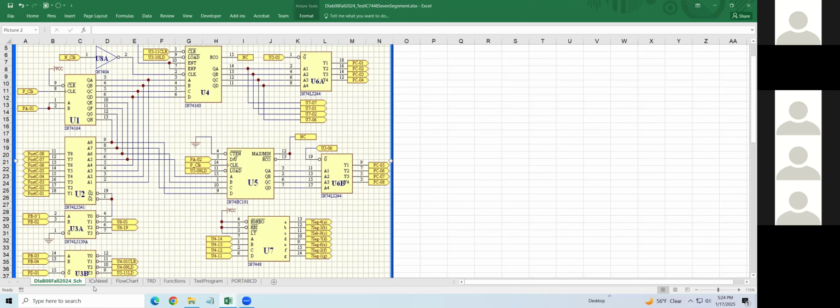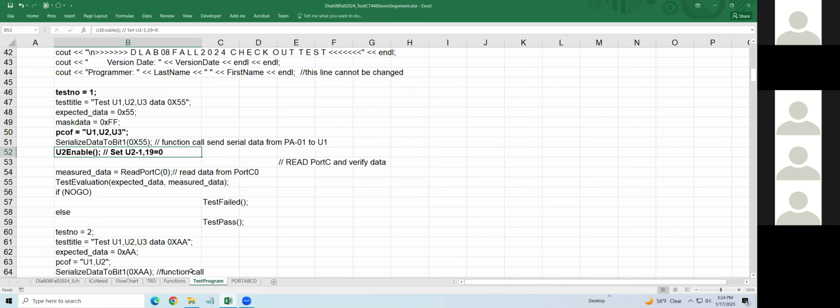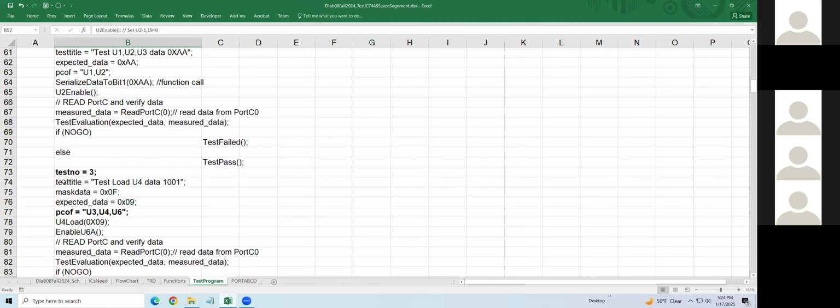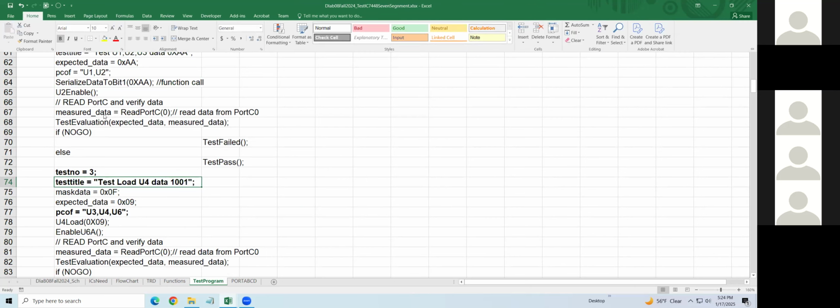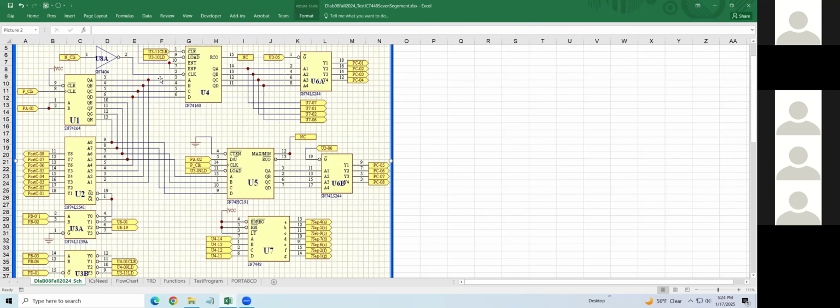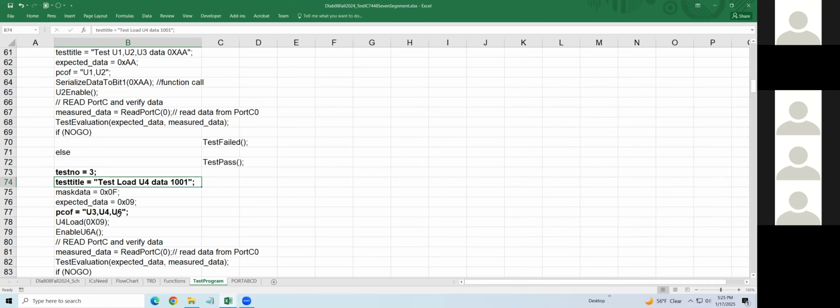Okay. So now, after you're done with that one, that two, you start on that 3, the test loading U4. If you're looking here at U4, and if you're looking into PCOP, they say U3, U4, U6.